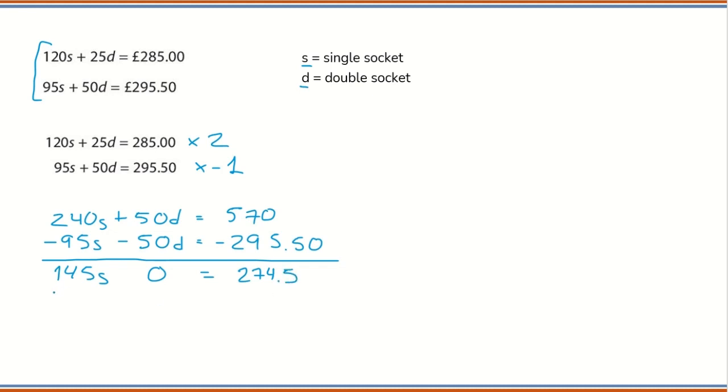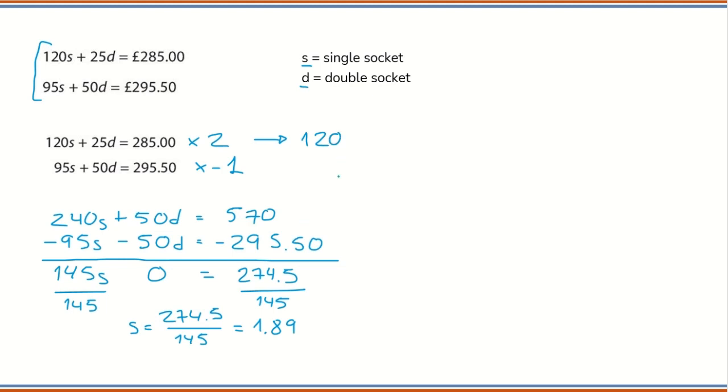If I divide both parts of the equation by 145, I have that S equals 274.5 divided by 145, and this is 1.89. Now I'm going to use this value on this first equation.